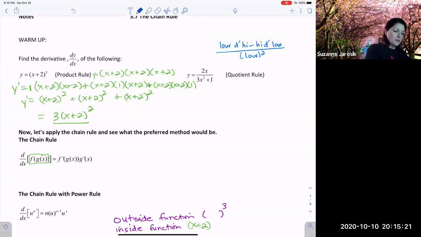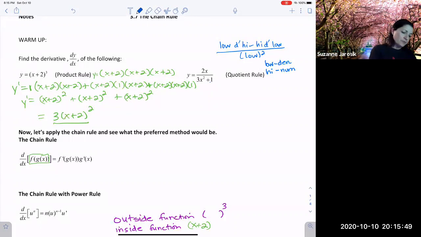Low is denominator, high is numerator. So that when you're going through that in your mind, so you don't lose the order you're supposed to go in, you can say low, d high. So denominator times derivative of numerator minus numerator times derivative of denominator. Low d high minus high d low over low squared.